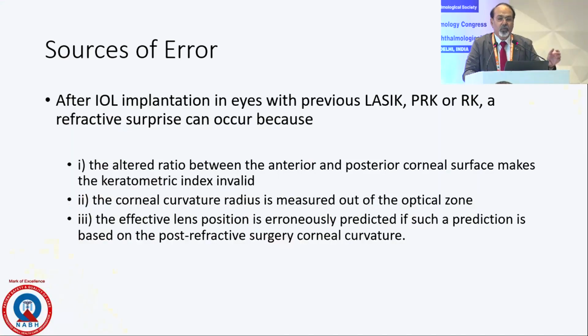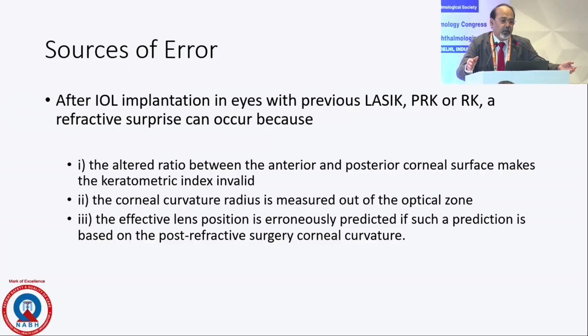Now the most difficult thing is IOL power calculation in all these cases, and this is what I thought I'd talk about, because the rest of the thing, the management of the lens and other things about phacoemulsification or femtolaser assisted cataract surgery, is all very simple.